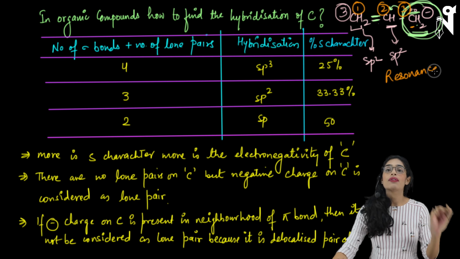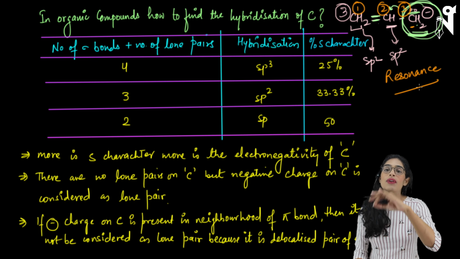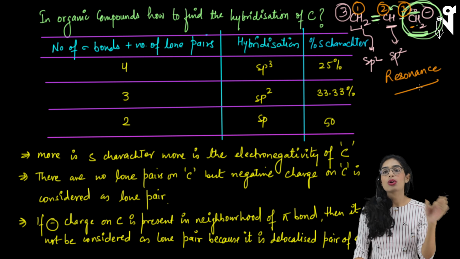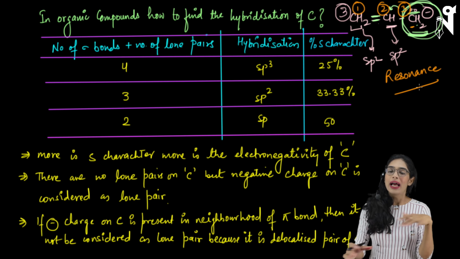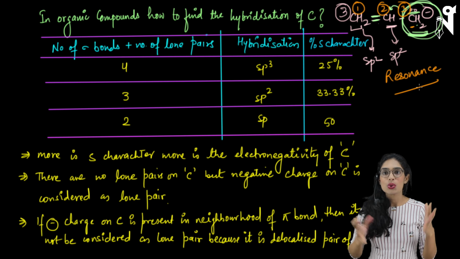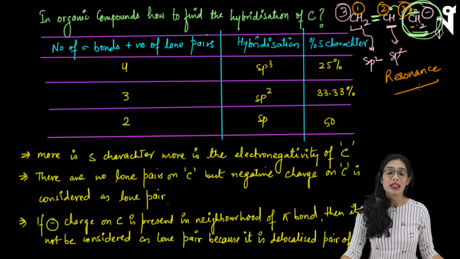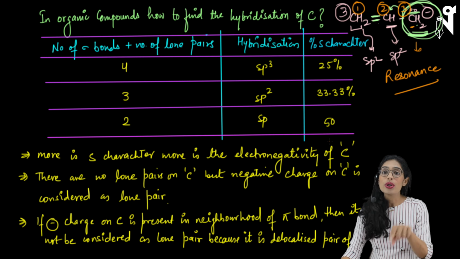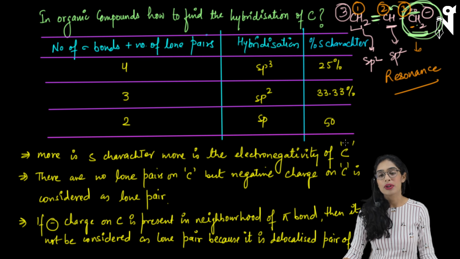Resonance means traveling of the lone pair from one place to another, or traveling of the negative charge from one atom to another. There are multiple definitions for resonance, which we will do later. But this pair of electrons which I am referring to is not local, it is going to travel from one carbon to another.